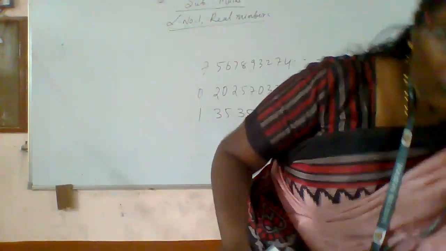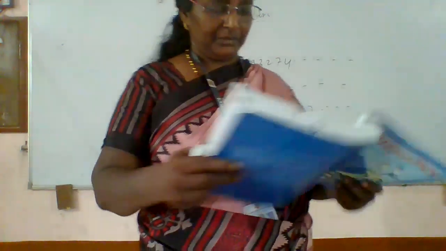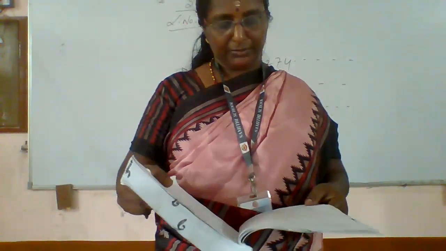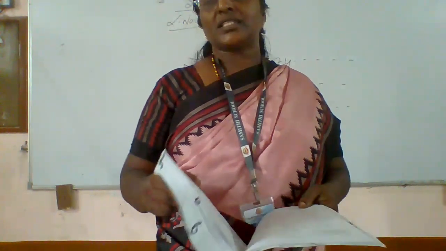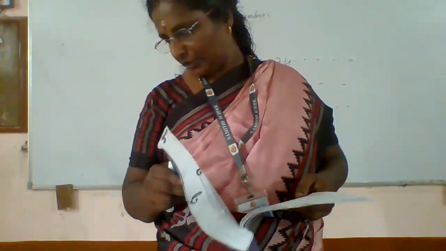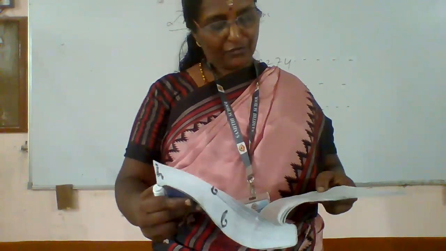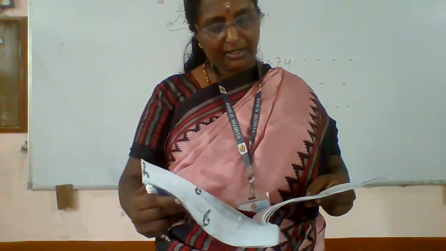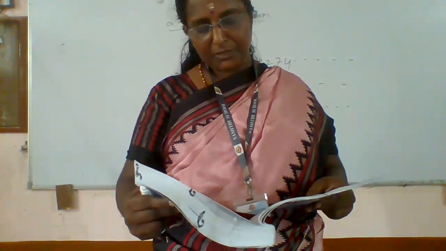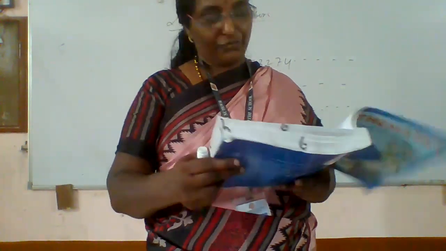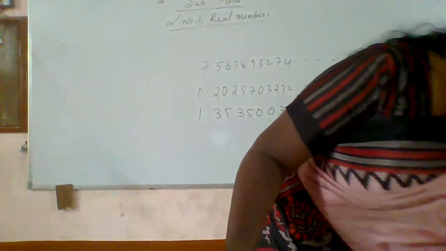And one more question is there. The 8th question and 9th question are homework, because you know what is rational and what is irrational, so you will find them out by yourself. So next question: find 3 different irrational numbers between the rational numbers 5 by 7 and 9 by 11. Find how many? 3.